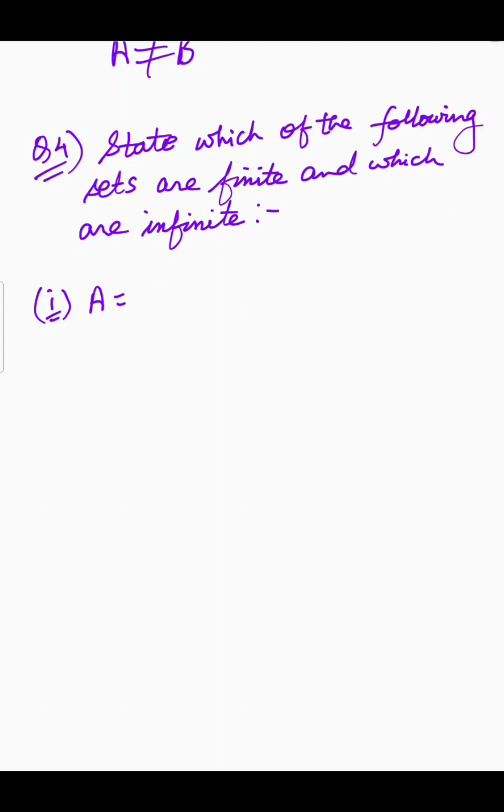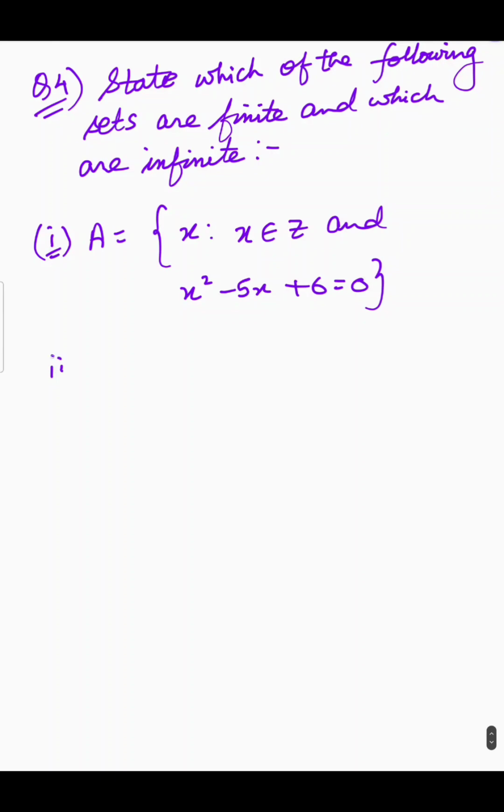Set A is equal to the set of all x such that x belongs to Z and x squared minus 5x plus 6 is equal to 0. Second, B is equal to the set of all x such that x belongs to Z and x squared is even.